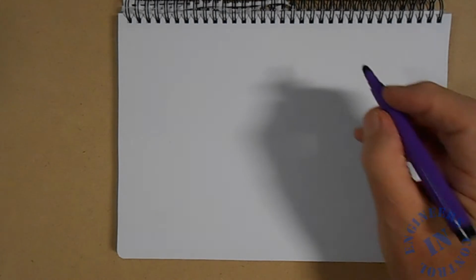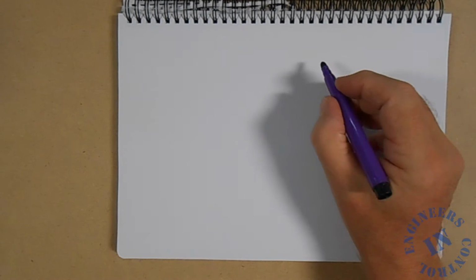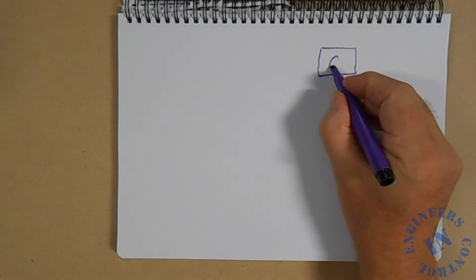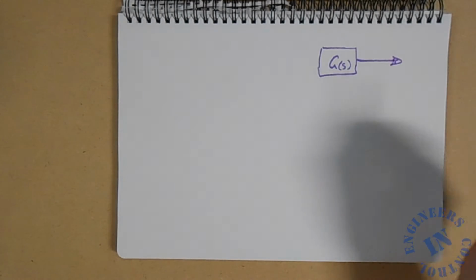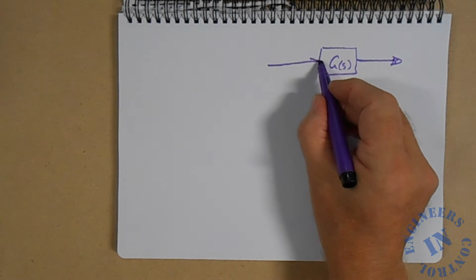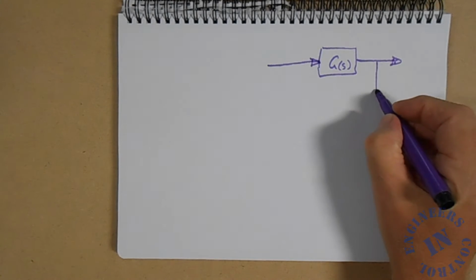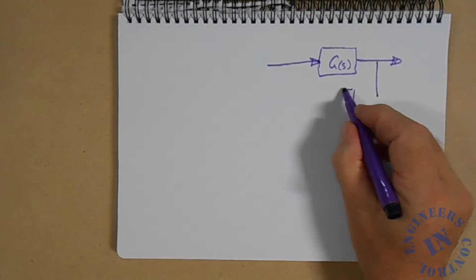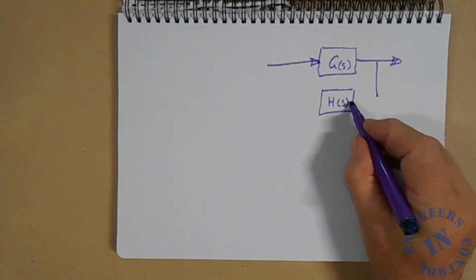We have a feedback loop with a forward path transfer function which we label G(S). And that's the forward path transfer function. And we have a feedback path transfer function which we label H(S).